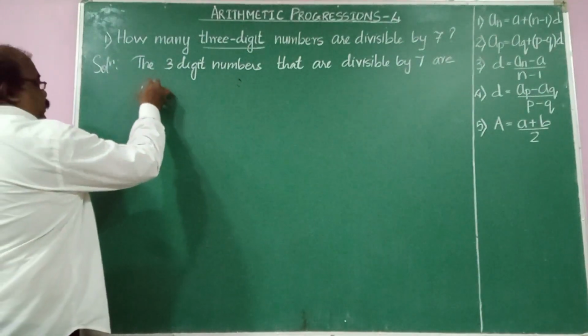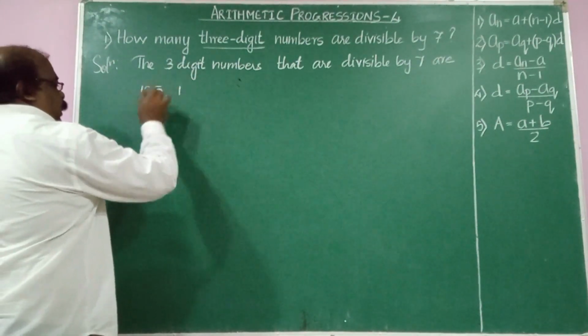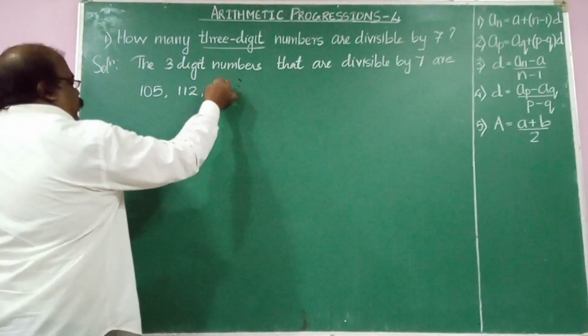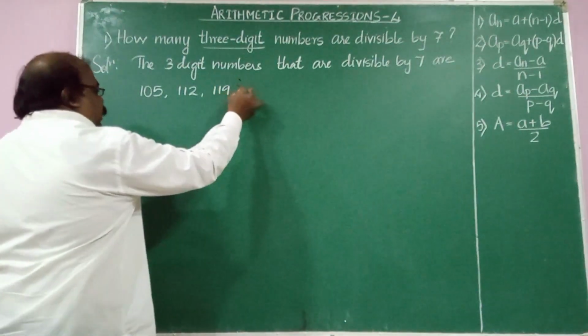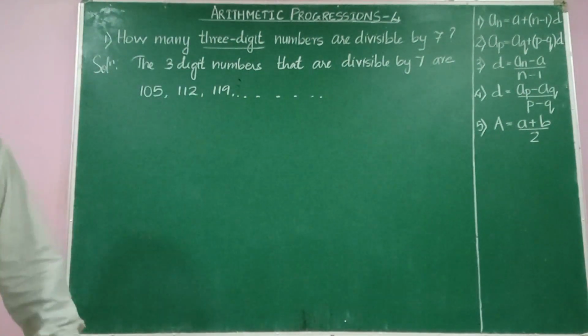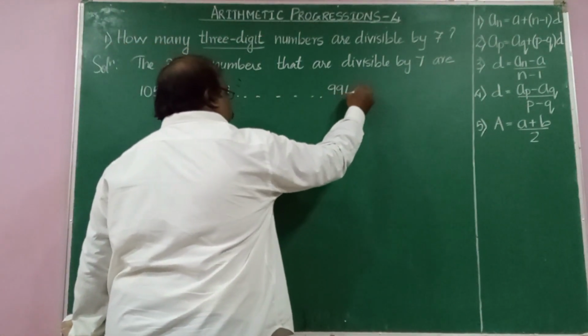The 3-digit numbers that are divisible by 7 are 105, 105 plus 7, that is 112, 119, and the last 3-digit number that is divisible by 7 is 994.